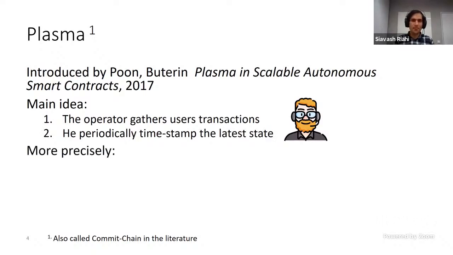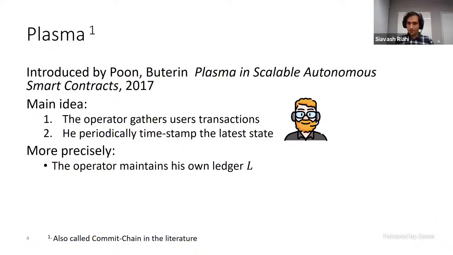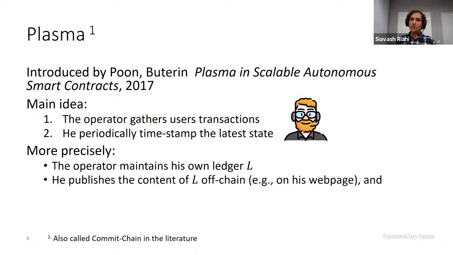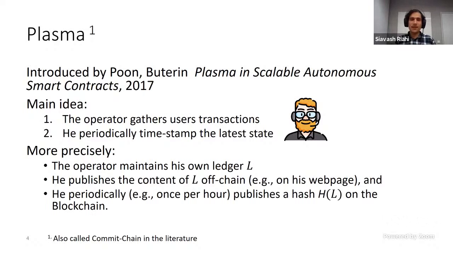More specifically, the operator is basically maintaining his own ledger L. He publishes the content of L off-chain, for example, on his web page, and periodically timestamps this ledger L by publishing the hash of L on the blockchain.